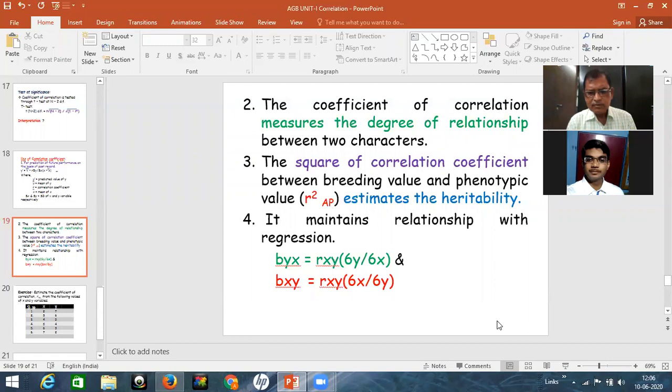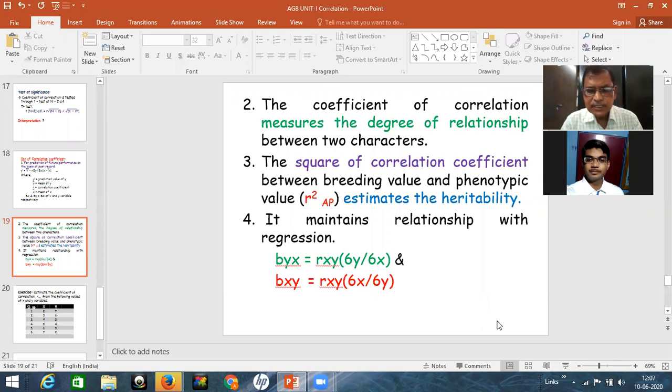Then there is a relationship between correlation and regression. So regression of y on x is equal to the correlation between x and y into the ratio of the standard deviation of y by standard deviation of x. Look at one thing: the numerator is always the standard deviation of the dependent variable, and below is the standard deviation of the independent variable.